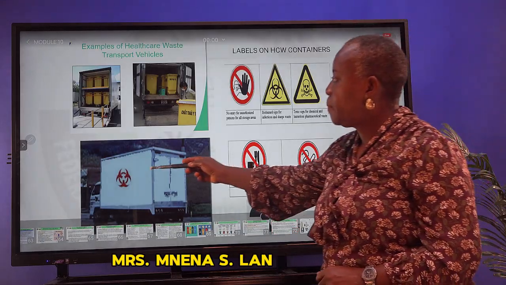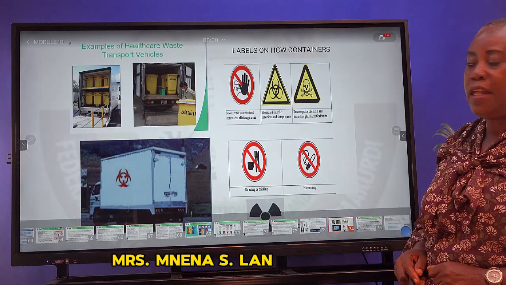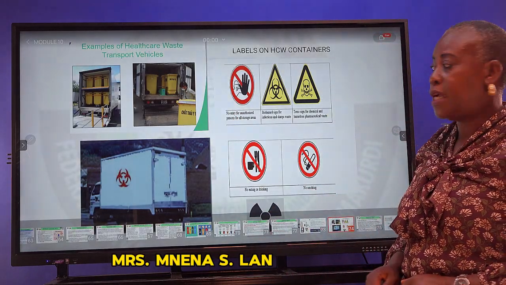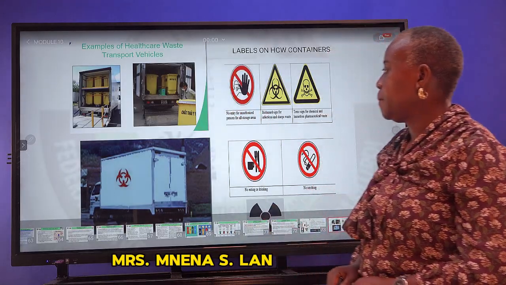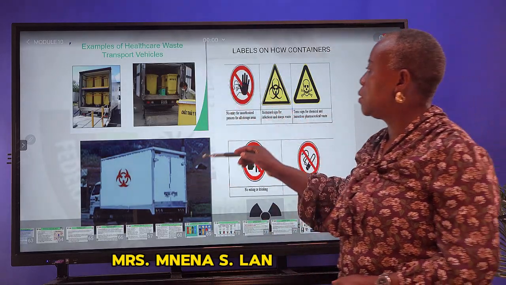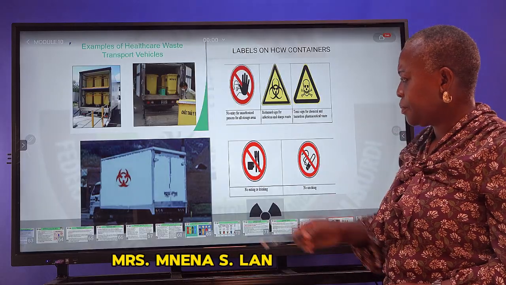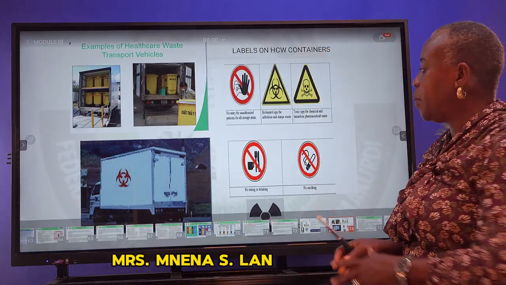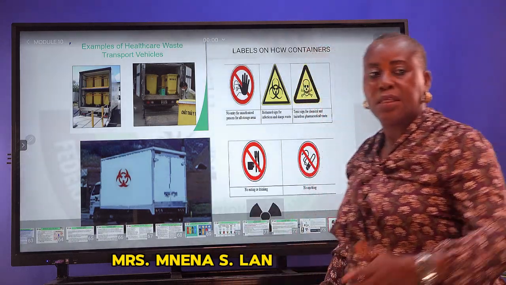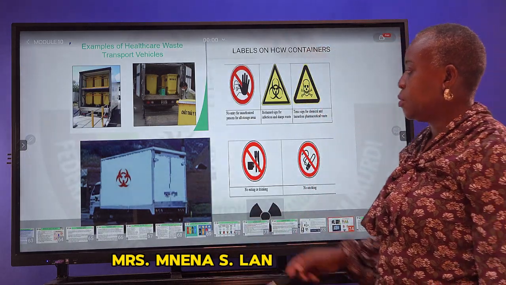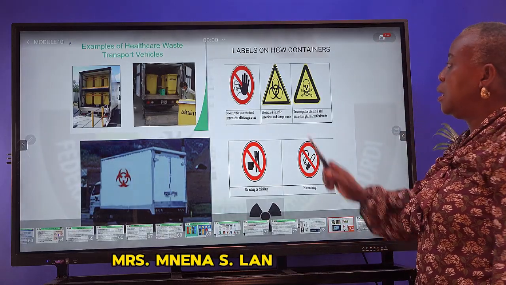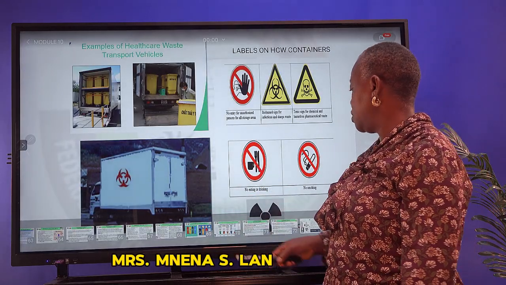So this is the type of vehicles that move healthcare waste around. And you can see this is carrying yellow containers, which means they are infectious waste. Some of the signs you see on containers or on the vehicles moving the healthcare waste will tell you what type of waste. For these three rings, this is a biomedical waste being moved. So of course, this is highly hazardous. And so you need to understand the transportation procedures.